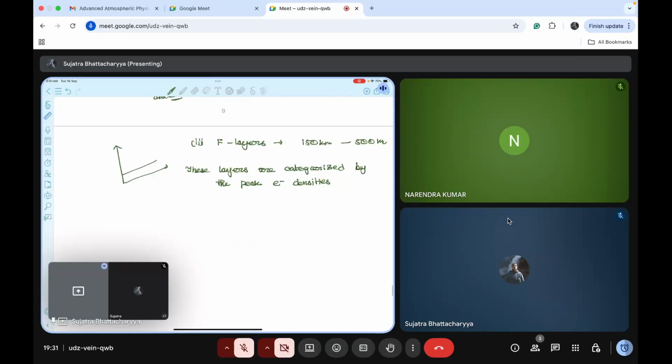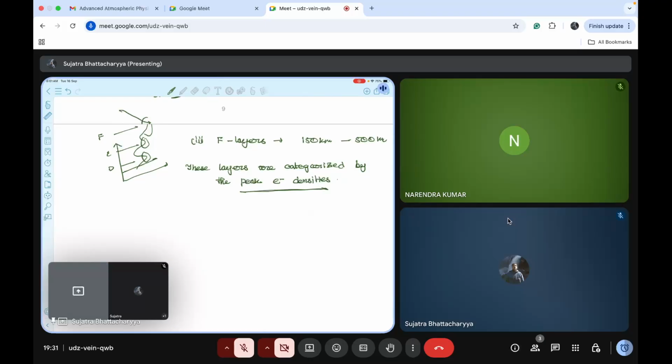Suppose this is your ionosphere starting layer. You see that here is a peak, then there is another peak like this. All these peak regions of ions are considered as layers: this is the D layer, this is the E layer, and this is the F layer. So peak electron density is used to segregate different layers in the ionosphere.